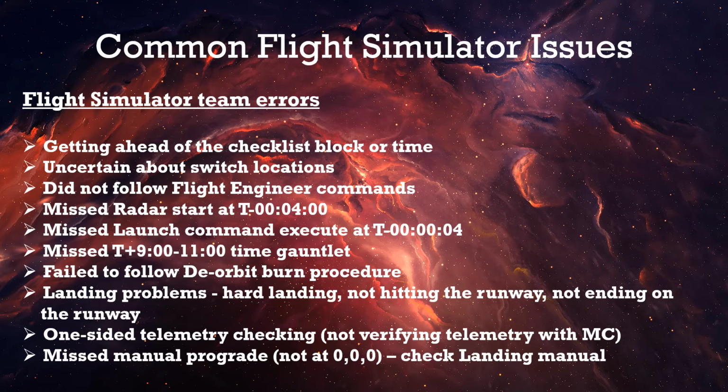Another mission commander item is that for manual prograde, you will be flying the simulator manually. You will be setting yourself up in a prograde situation. This is shortly after MECO and the OMS burn. To make sure you know exactly what it looks like, you have two ways to check it. You can look in the landing manual, which is on the website, and see what the orbiter screen looks like at automatic prograde.